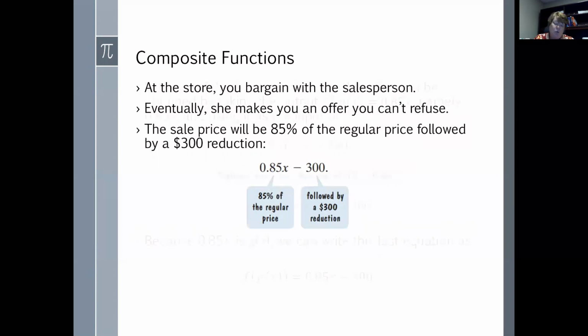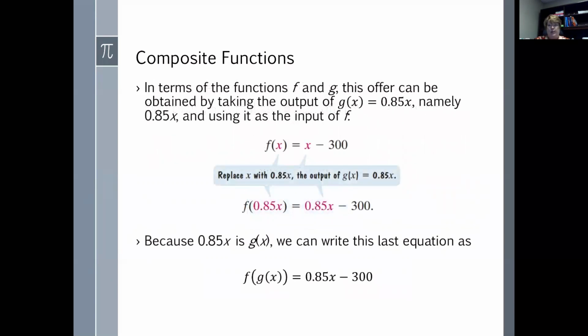All right, so what you're effectively doing is taking that function f of x equals x minus 300, and replacing x in that function with the other sale price, the g of x, 0.85x. So you're taking f of x and replacing the input of the function f with the output of function g, 0.85x.